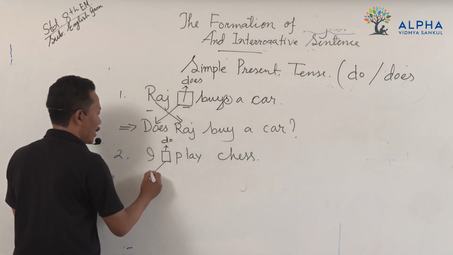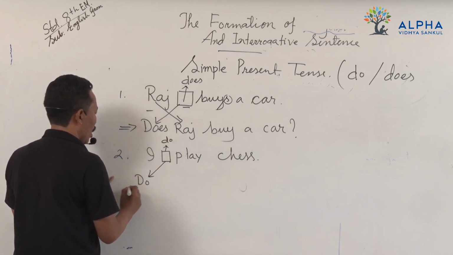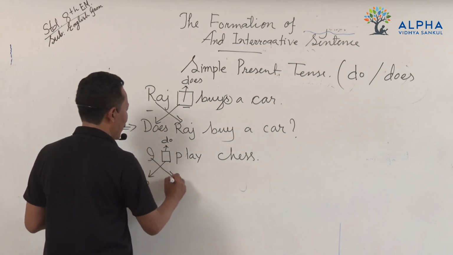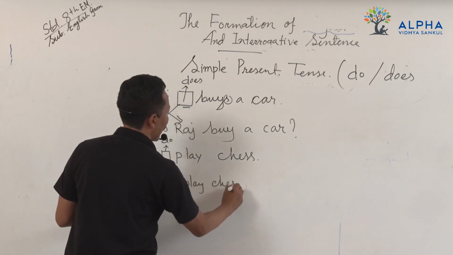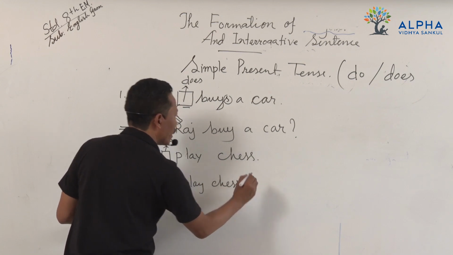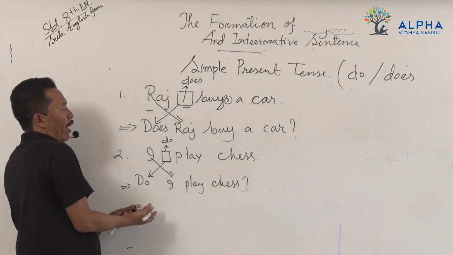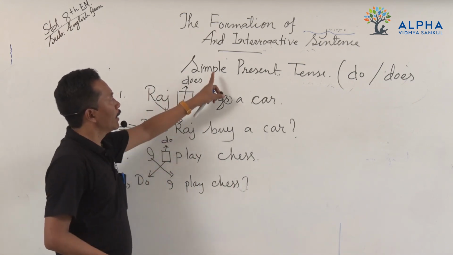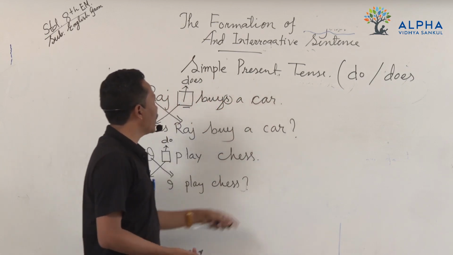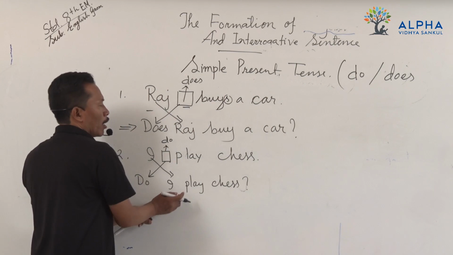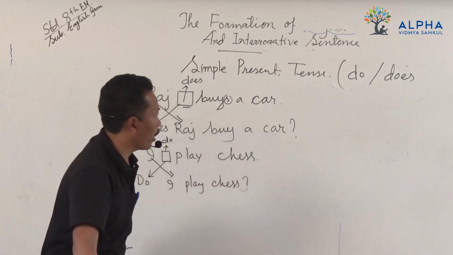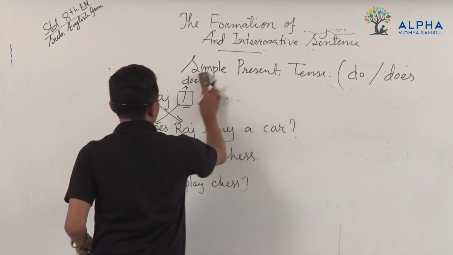So this do comes first, and this I comes after. Do I play chess? And a question mark. In this way, we change the simple present tense from affirmative sentence to interrogative sentence. This is the way.